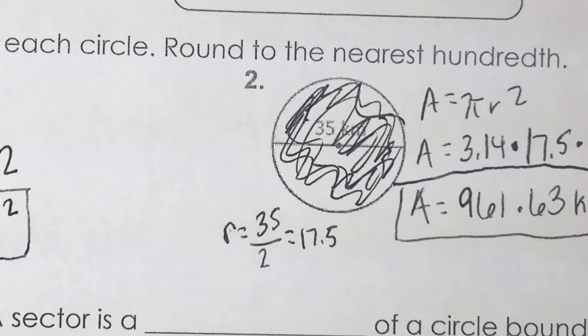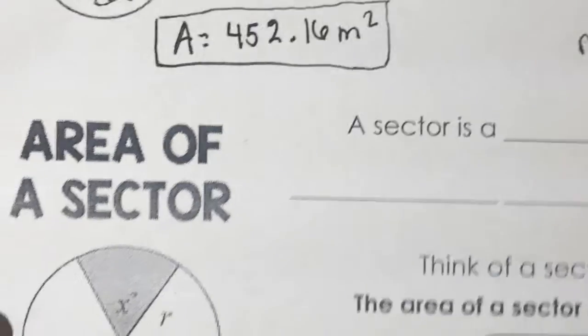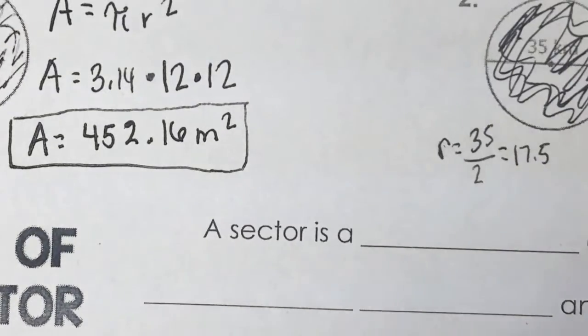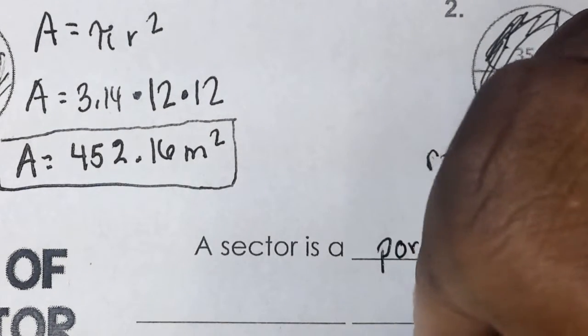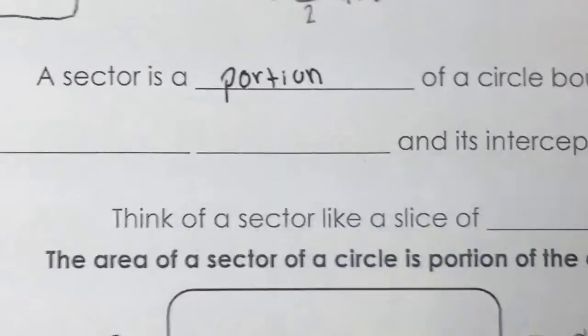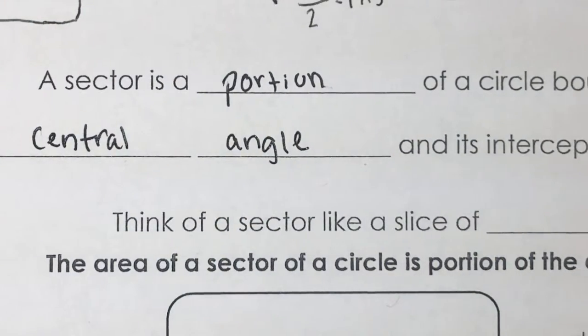Now, I could teach a 6th grader to do that. In high school geometry, we're going to use area to find the area of a sector. This stuff down here. A sector is a portion of a circle bounded by a central angle and its intercepted arc.